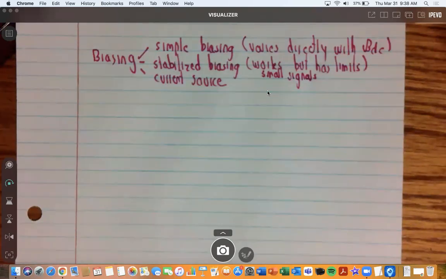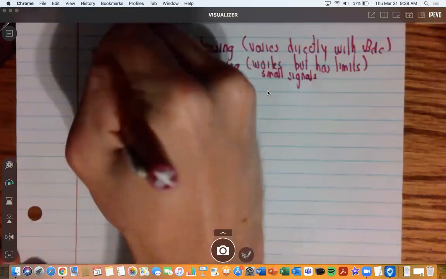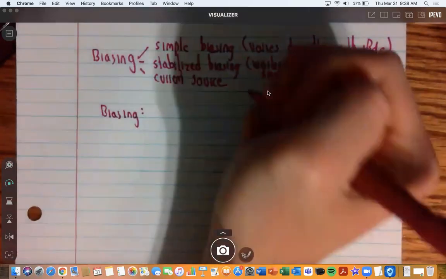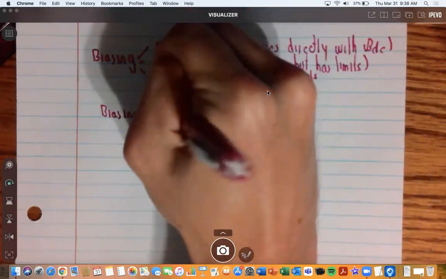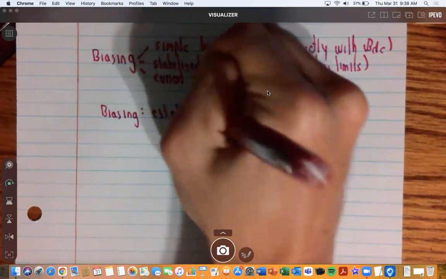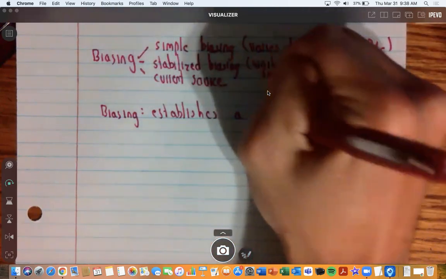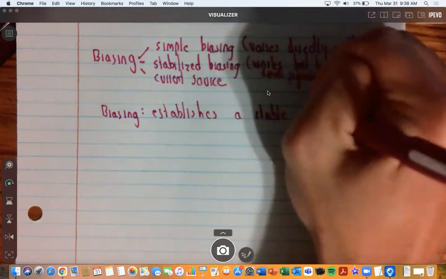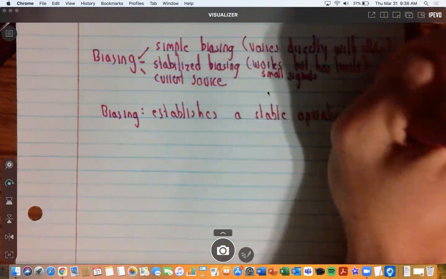So why biasing? The purpose, now finally defining it after talking about it, is basically to establish a stable operating point. Your operating point is sort of like the Q point.